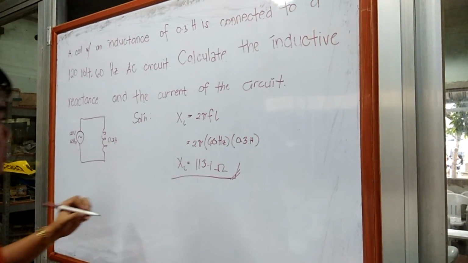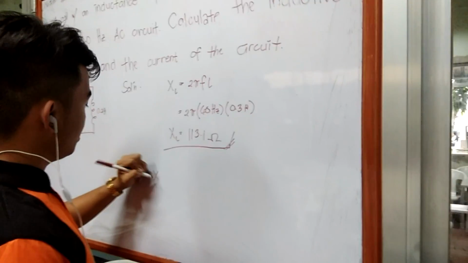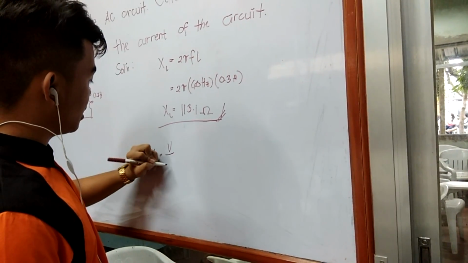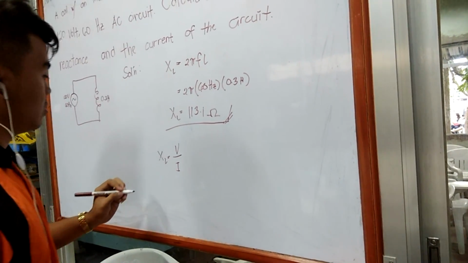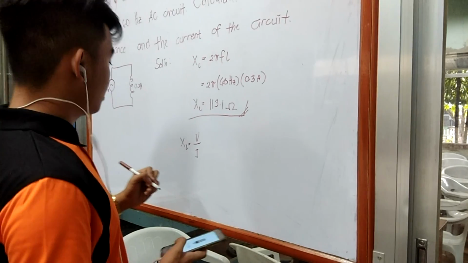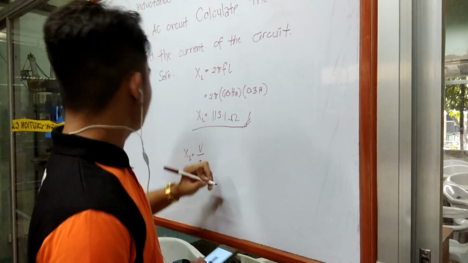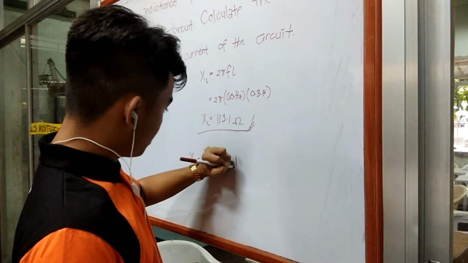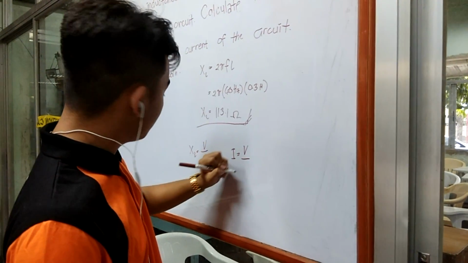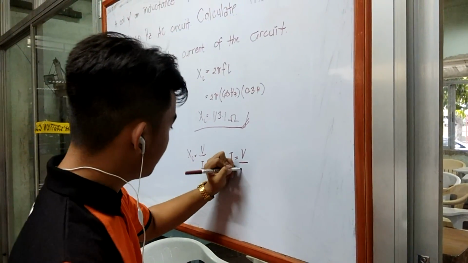In finding the current, X sub L is equal to V over I. We simply transpose it, so I is equal to V over the inductive reactance.